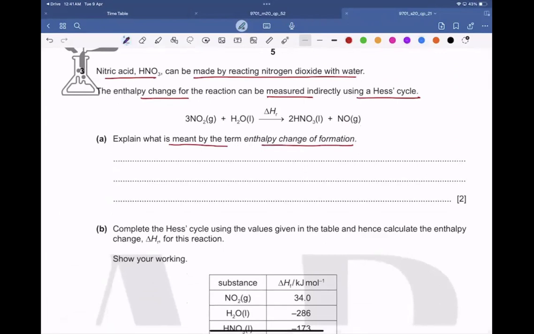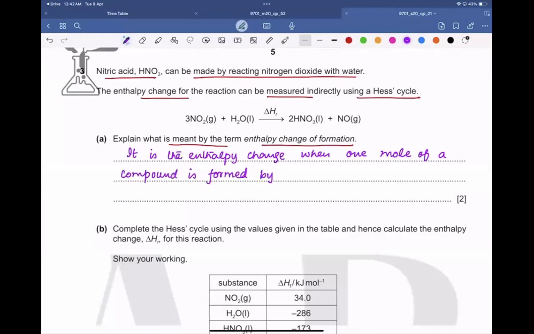So you see, you guys need to remember the definitions. It is the enthalpy change when 1 mole of a compound is formed by, yes, very good, Ishal.